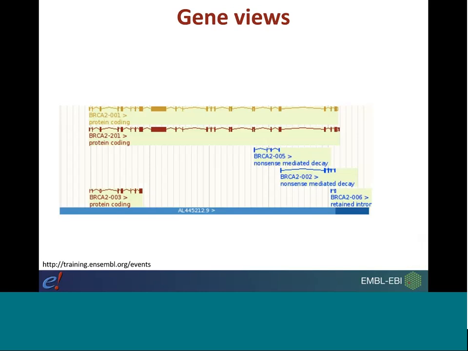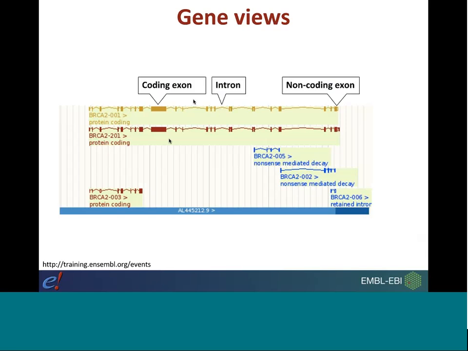This is a gene view that you might be familiar with looking at in Ensembl, and we looked at that very briefly in the demo just previously. What you can see here is all of the transcripts, or some of the transcripts, of the BRCA2 gene. You can see a number of things based on the gene model here. The first thing is that each transcript has an exon and intron structure.